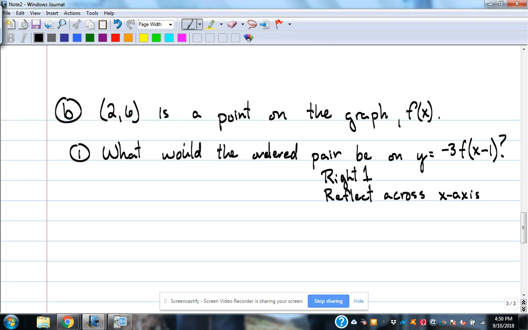What does the 3 do? That's the only part we hadn't used yet. Vertical stretch. All right, now get those transformations listed. Then you take that and say, okay, if I move this point to the right 1, where does it go?